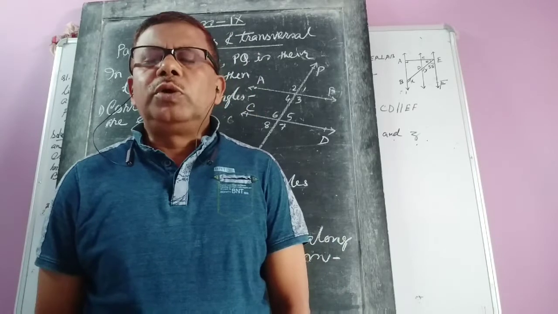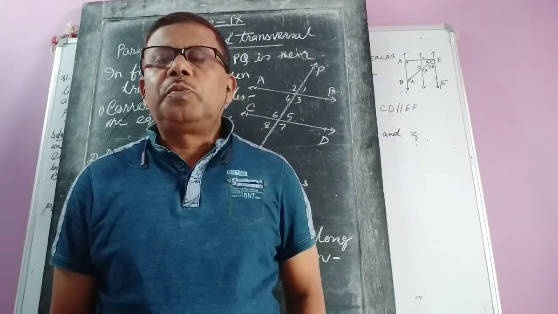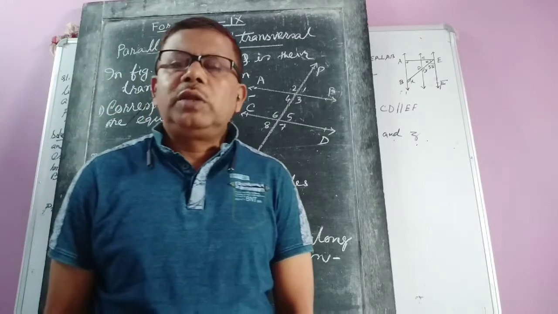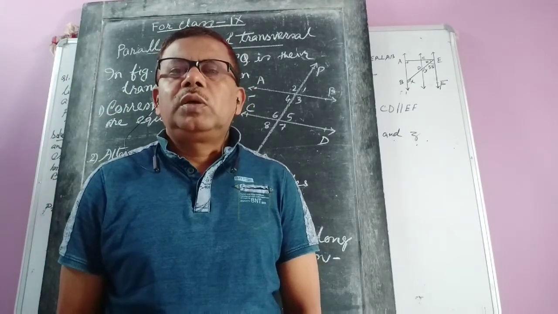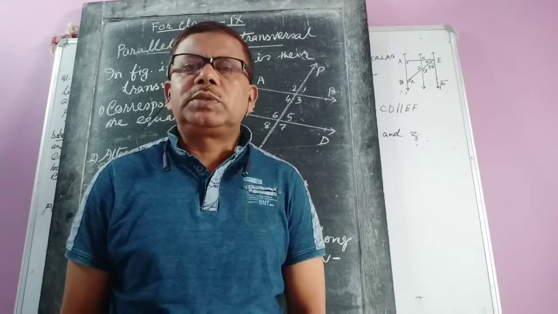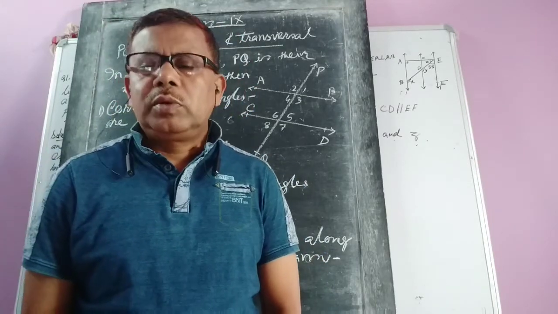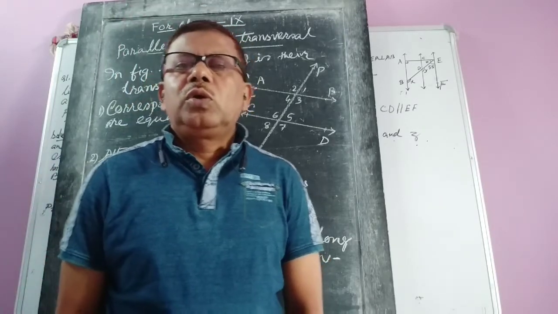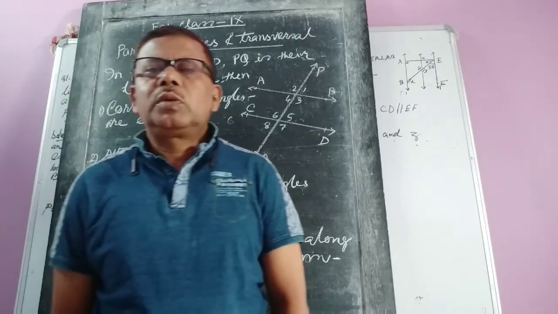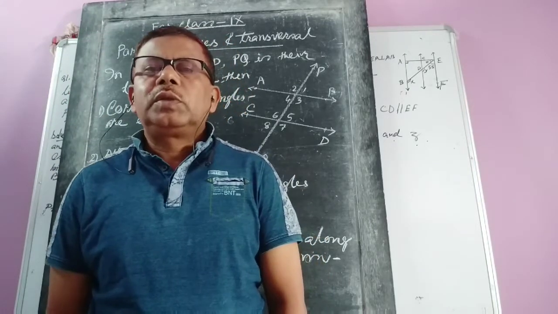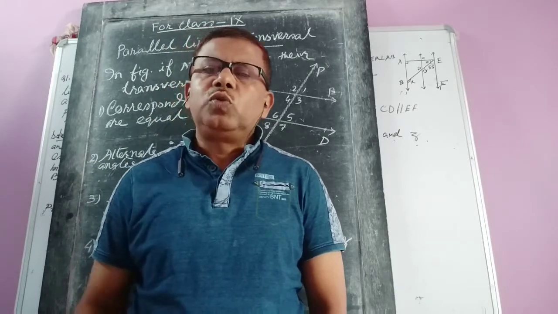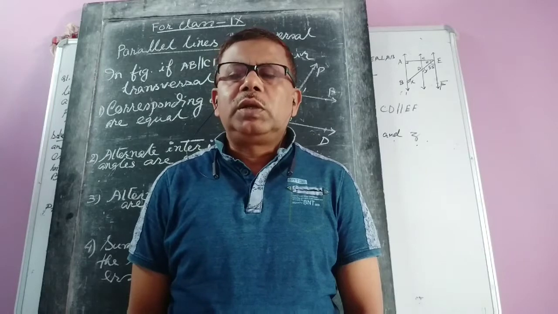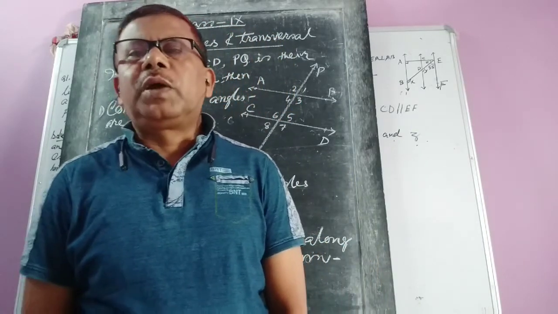Today I am going to discuss a topic from class 9, chapter 6, that is lines and angles, and the topic is parallel lines and their transversal. About parallel lines, we know when two lines are extended to infinity, if they never intersect, then they are said to be parallel lines.